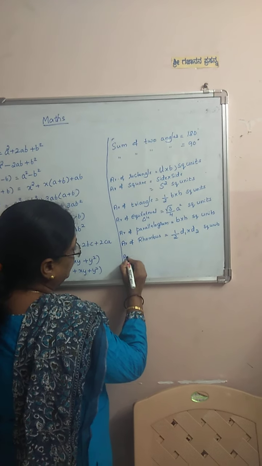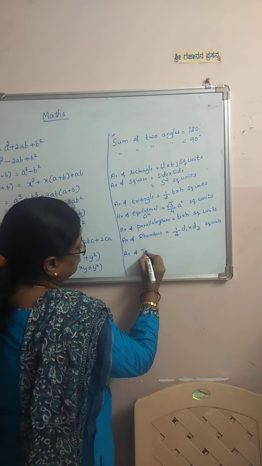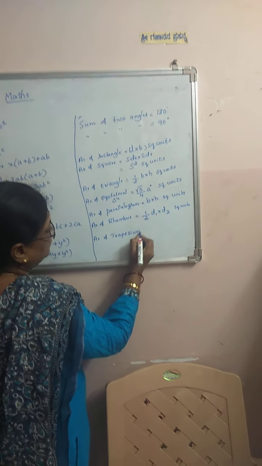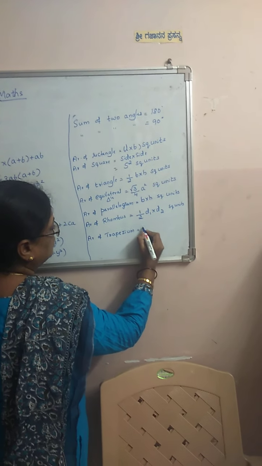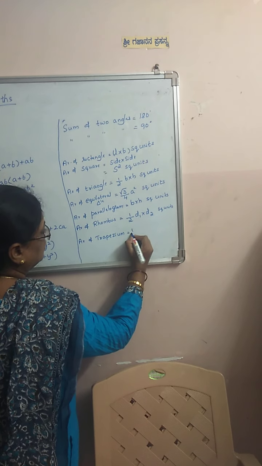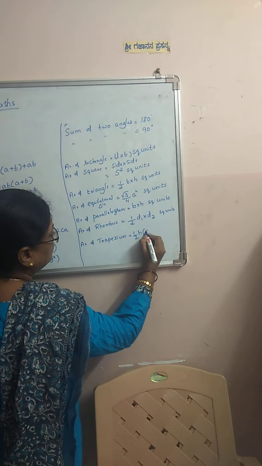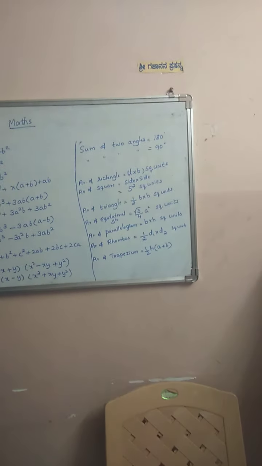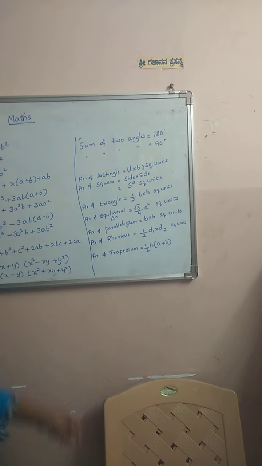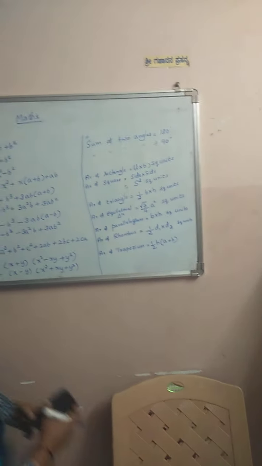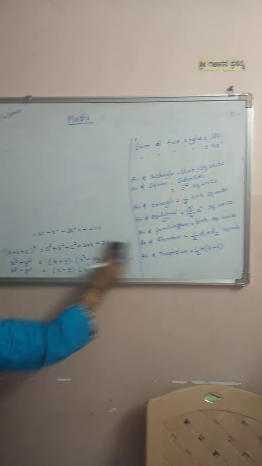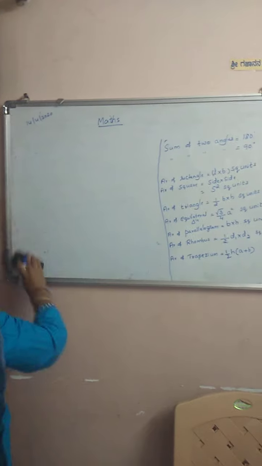Then comes area of trapezium equals half h into (a plus b). That is the area of trapezium. Next we will learn the perimeters of all these geometrical figures.